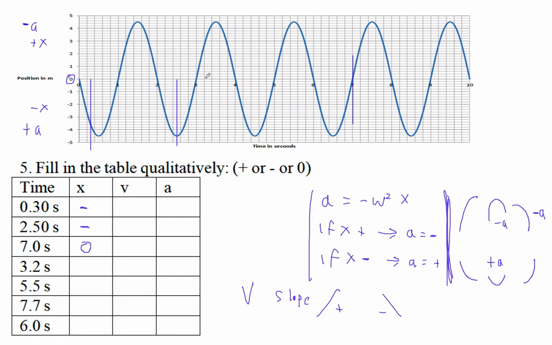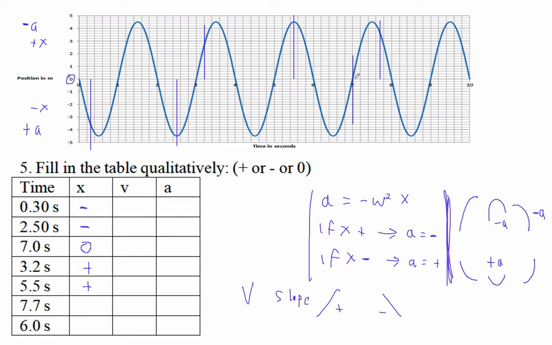At 3.2 seconds, ooh, I'm getting good at that. X is positive, right? At 5.5 seconds, let's see, 0.2, 0.4, 5.5. X is positive. At 7.7, oh, that's tricky. 0.2, 0.4, 0.6, 0.8, 7.7 is right in the middle here.